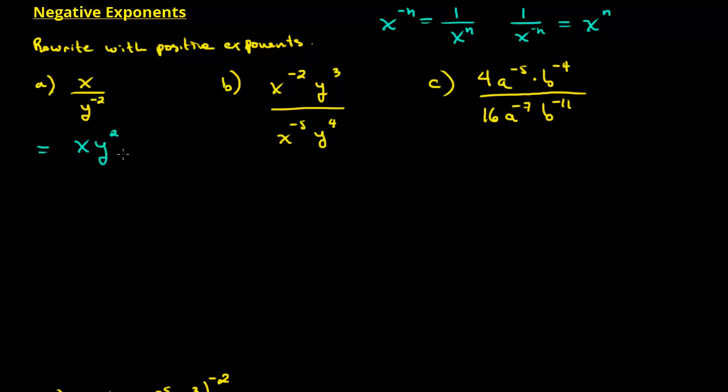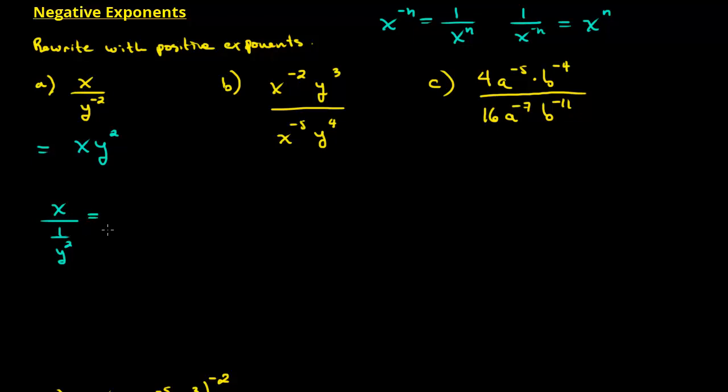Now, if you're wondering why this is equivalent to x times y squared, well, y to the power of negative 2 we said was 1 over y squared, using this identity. So I can write this as x divided by 1 over y squared. Now, remember that this fraction bar actually means division.